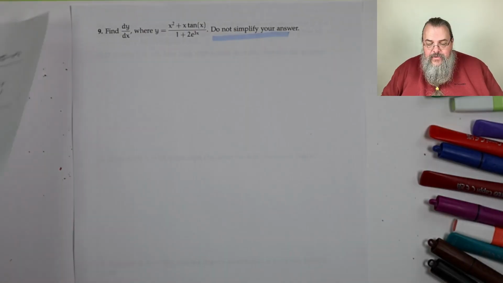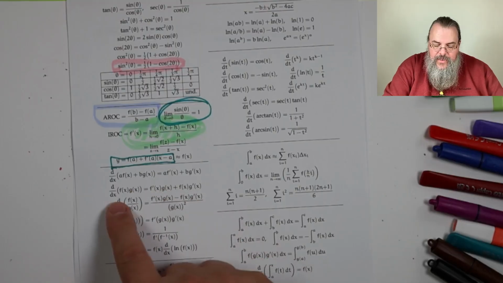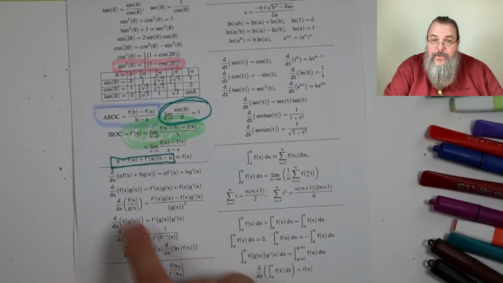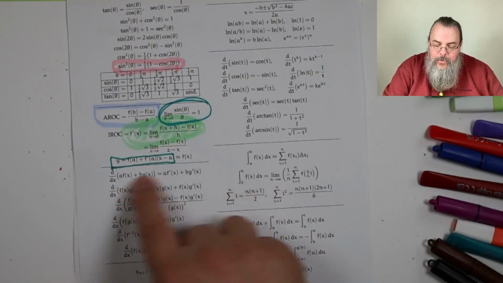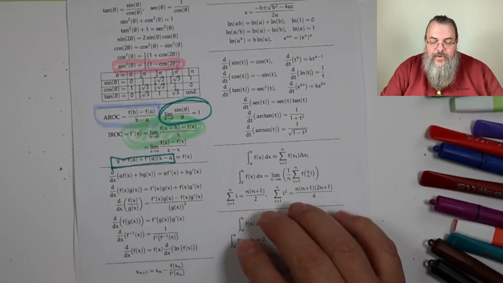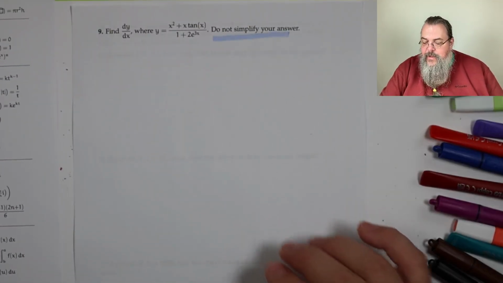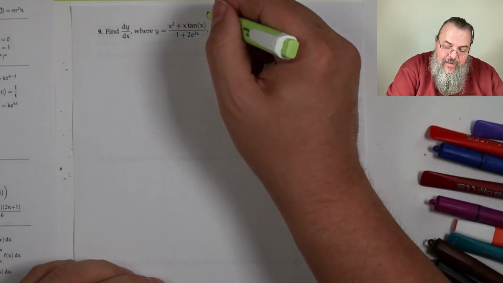Now the good news is we have the quotient rule, a product rule, the chain rule, all of them written down. So if in doubt, we can just sit here and stare at it until it makes sense. And I like to think of these types of problems as onion problems, in that it has layers.